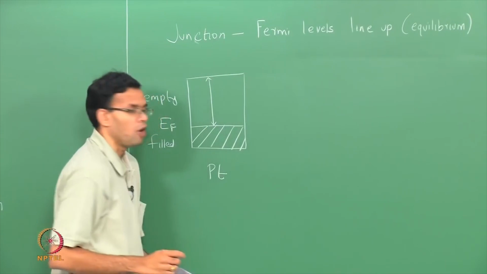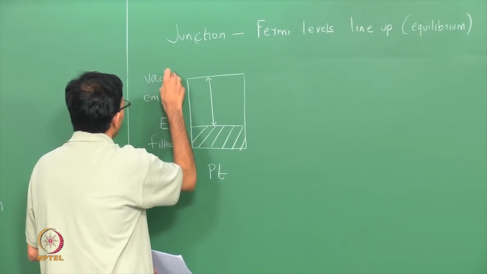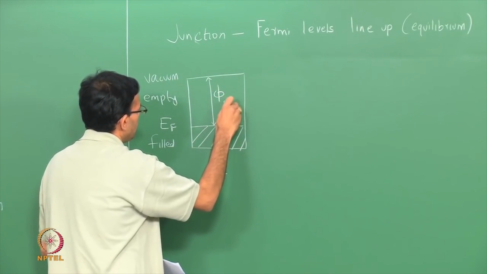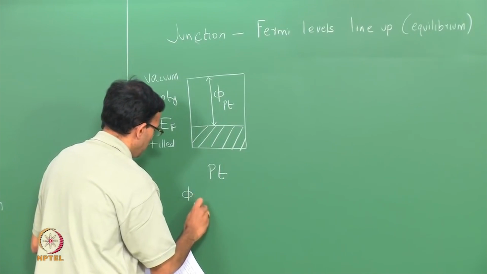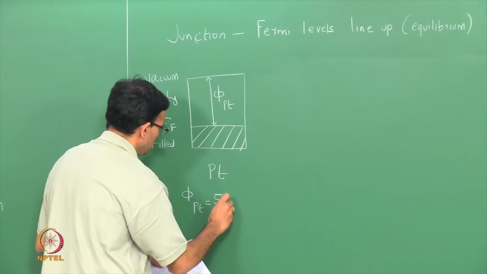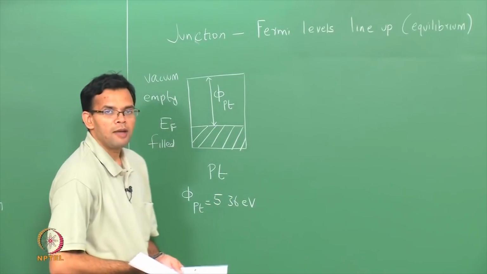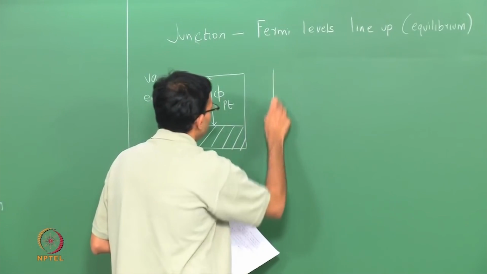The distance from the Fermi level to the vacuum level, so the topmost is the vacuum level, is the work function. I am going to call it phi of platinum, and platinum has a work function of 5.36 electron volts. So I am going to form a junction between platinum and then molybdenum.